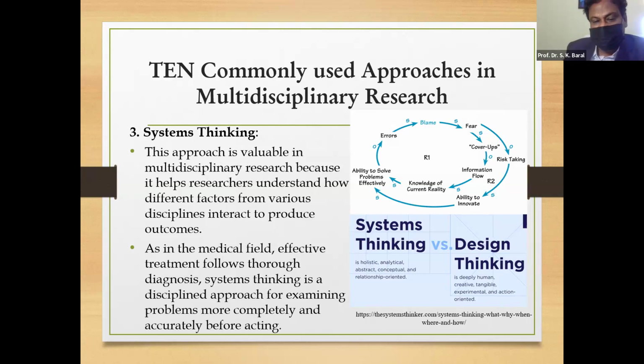Systems thinking is holistic analysis and relationship oriented. I mean to say, it is a relationship between the patient and doctor. In between, if systems thinking could be applied, then the result accuracy and the time can be improved.